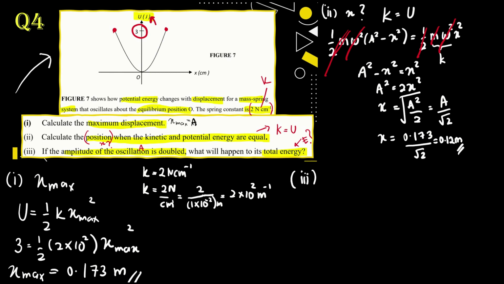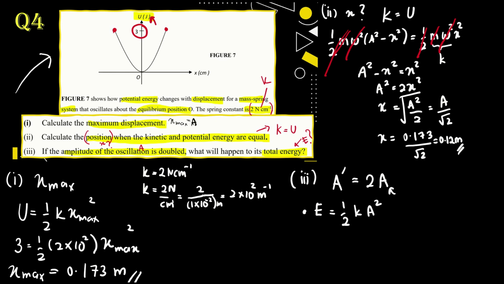The question gives us a condition where our new amplitude is doubled, so it is equal to 2A, where A is the original. So what will happen to the energy? Bear in mind our original energy is equal to half K A squared. This is the equation for energy.